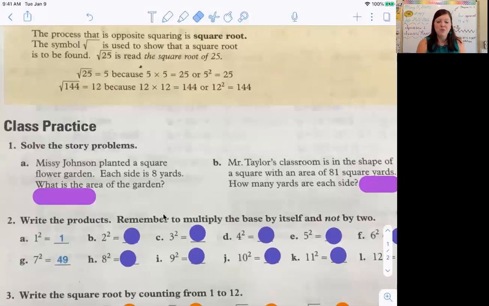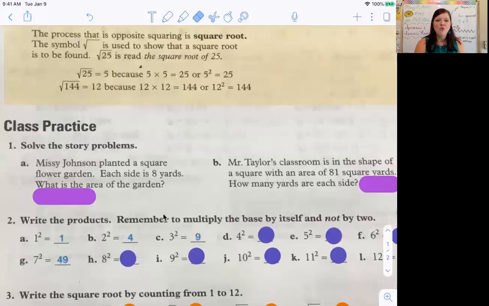Let's go up to B. 2 squared. That means 2 times itself. What is 2 times 2? 4. Go across. Let's read it together. 3 squared. What does it mean? 3 times 3. What is 3 times 3? 9.